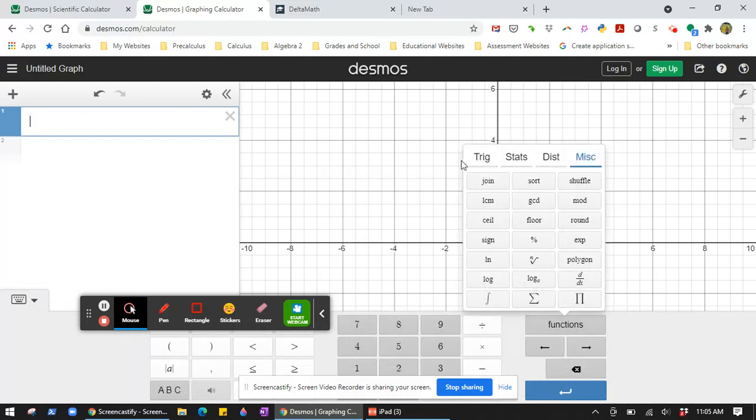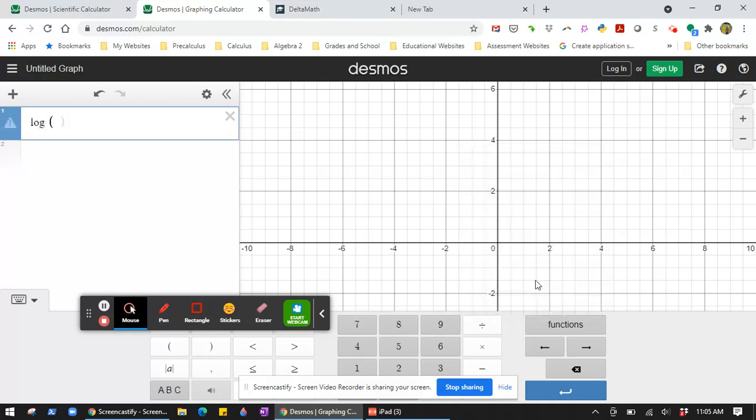And then there's a few tabs here. You want to go over to miscellaneous, the one that says log with the little a below it. That allows you to choose the base. We want our base to be 4, so I'm going to put a 4 there. I'm going to put a 20 here. And we get our answer. Let's round this to hundredths, 2.16. So when I write the answer down, that's what I'll use.